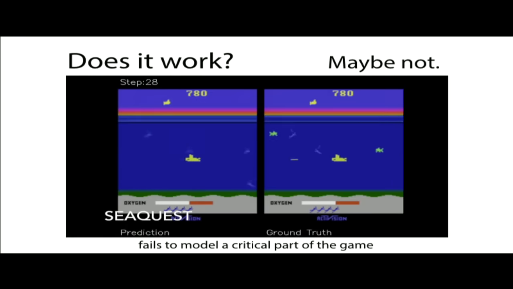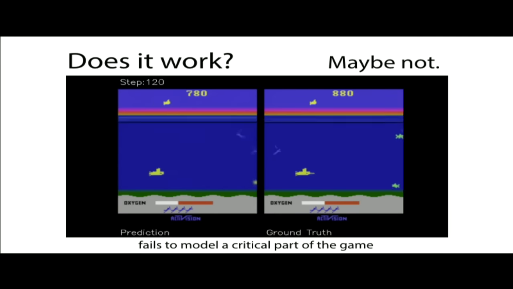And here's an example on Seaquest, which is a bit harder. As you can see on the left side of the video, when new fish come out or divers come out, it's actually failing to predict that those divers and those fish will appear.